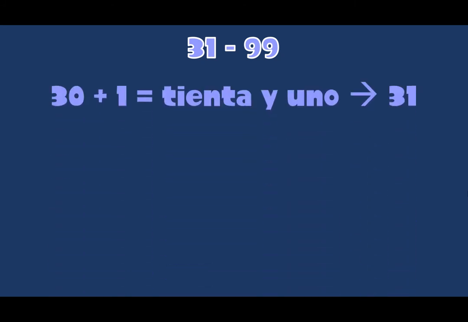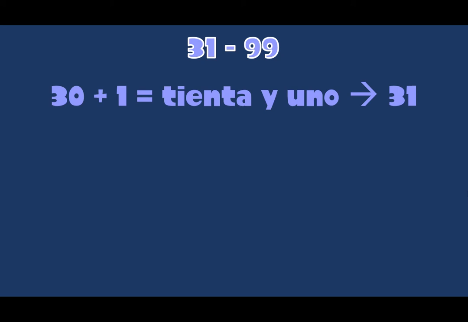Now let's look at the numbers from 31 to 99. 31 al 99. It seems like a big jump, but you'll understand why they all go together. It's really quite simple. So when we get to 31, we start with 3 words. From 31 to 99, they're all 3 words.